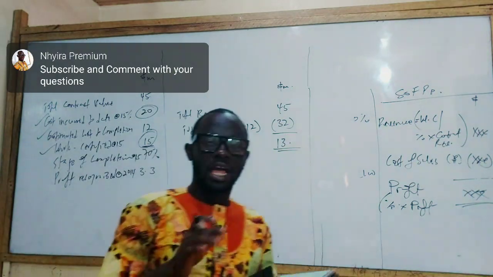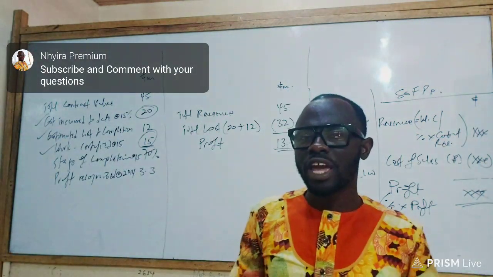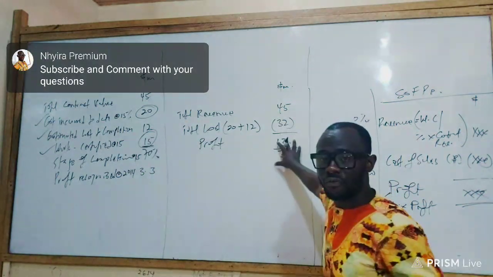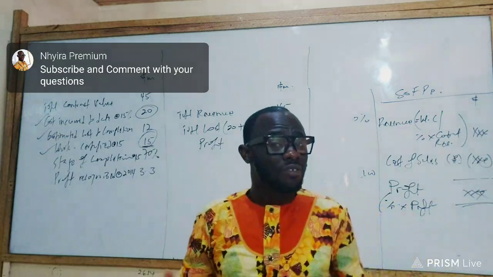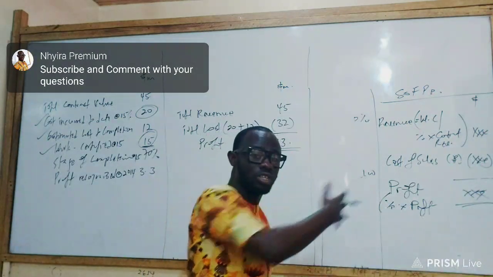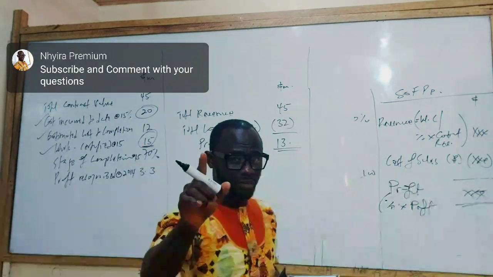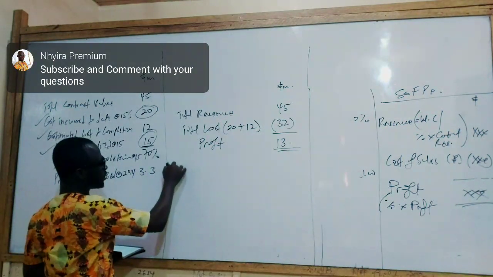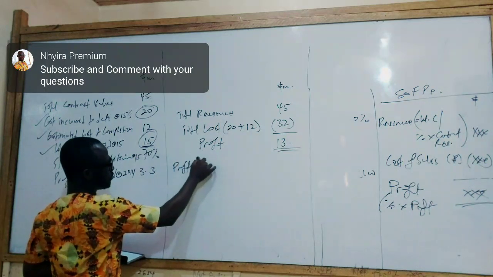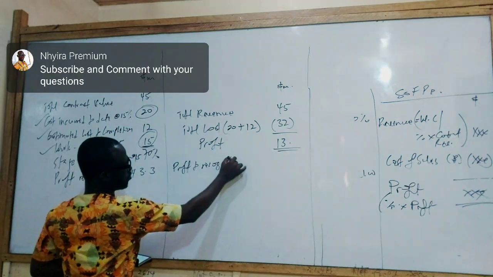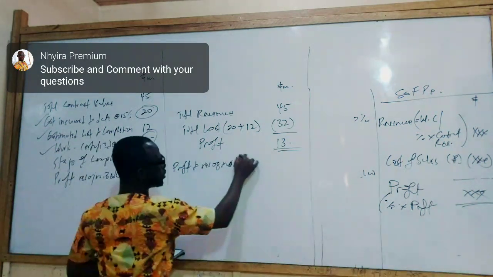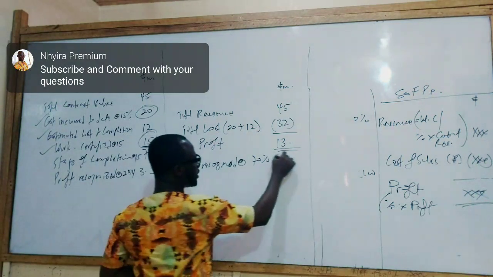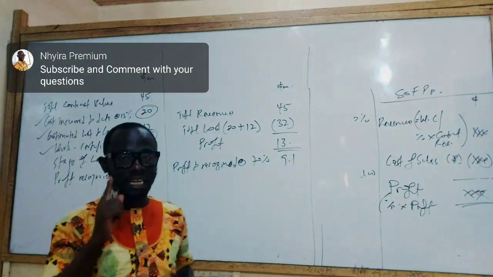Now remember, the work on the job that we have completed so far is 70%. So of this profit, we will only take 70% of that profit going into the income statement. But look at something that is going to happen here. The profit that we need to recognize is going to be 70% of the 13. Now 70% of our 13 is 9.1.